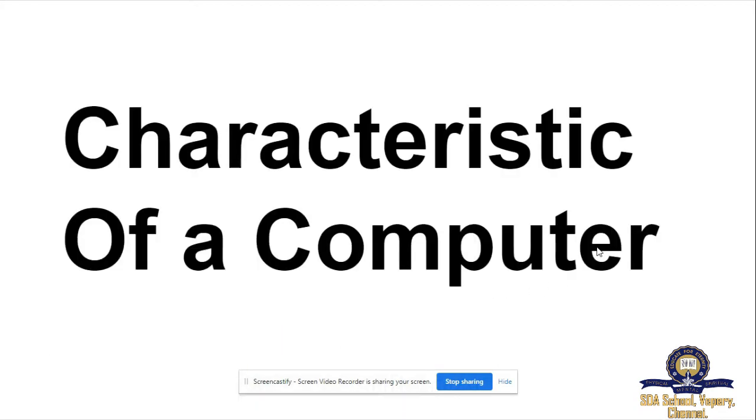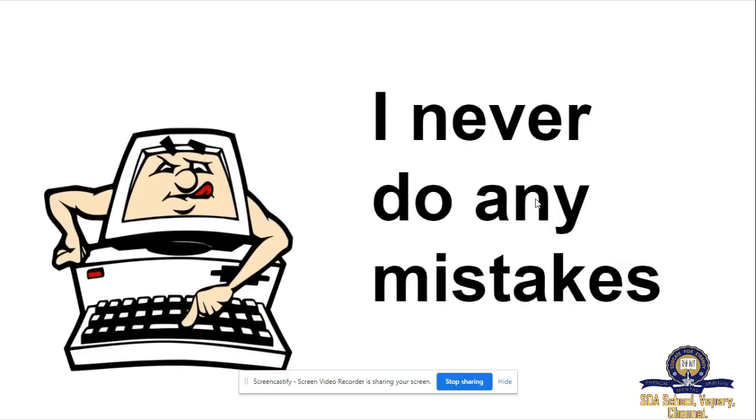Now we see the characteristics of a computer. What are the characteristics of a computer? A computer never makes any mistake. For a human, leading a life without mistakes is highly impossible, but for a computer, making a mistake is highly impossible.